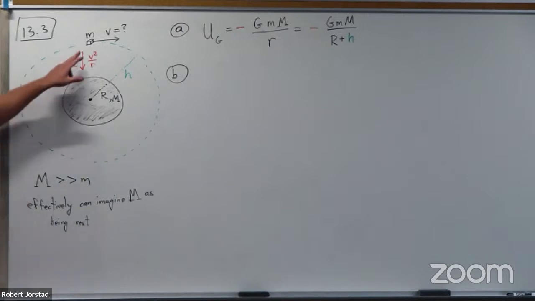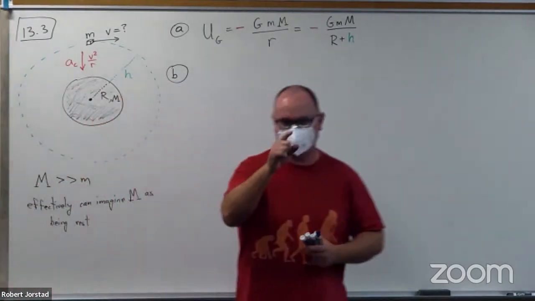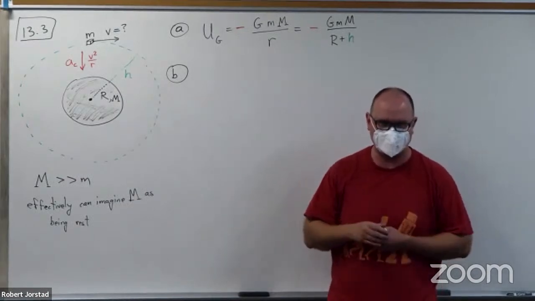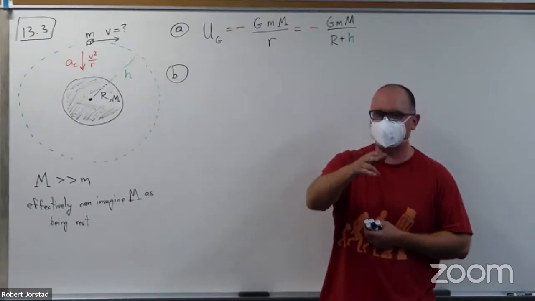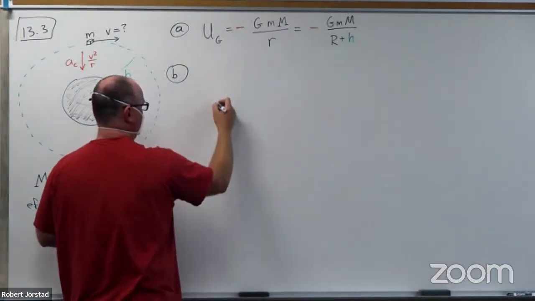Okay, what's one force acting on this satellite as it orbits? Not mg anymore, because mg only works if you're near the Earth's surface. So what's the new way of saying mg? Big G, M m over r squared, yeah.